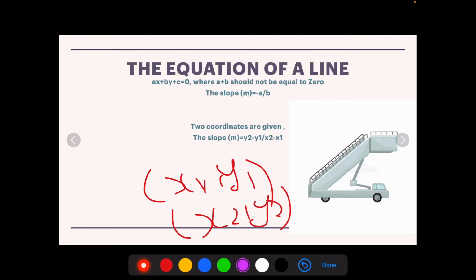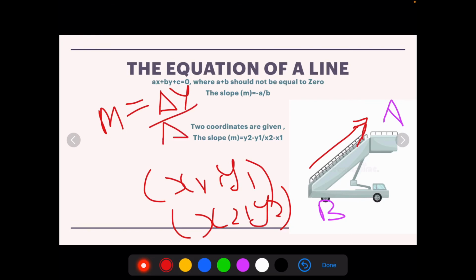Now let's say this is the coordinates of A and these are the coordinates of B. Now we have to find the slope of this staircase. So the formula is simple. m is equal to change in y-axis by change in x-axis, or it can simply be written as y2 minus y1 divided by x2 minus x1. This is how we can determine the slope.